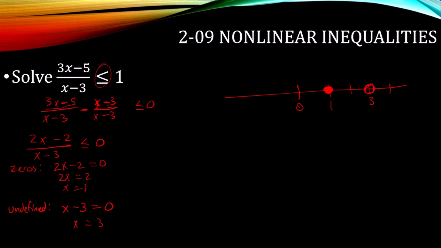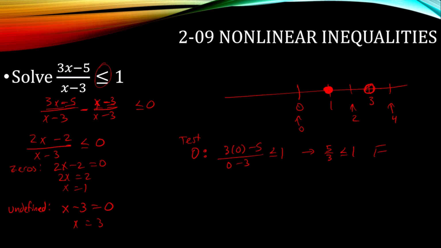And now some test points, maybe a 0, and 2, and 4. Start with 0. Just go ahead and plug it into the original. So that'd be negative 5 over negative 3, or 5/3 is less than or equal to 1.